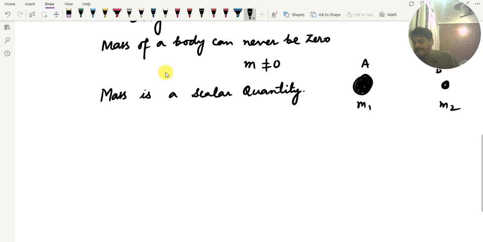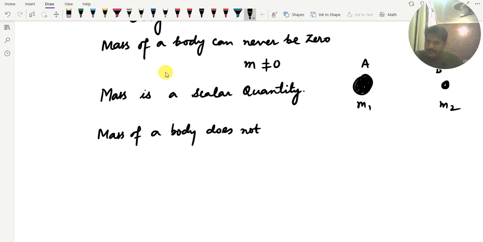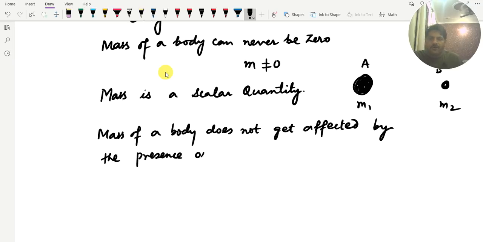So you can write here, mass of a body does not get affected by the presence or absence of another object, another body.